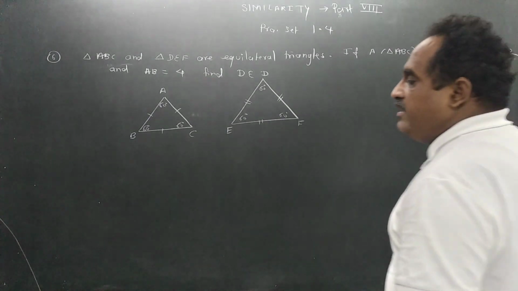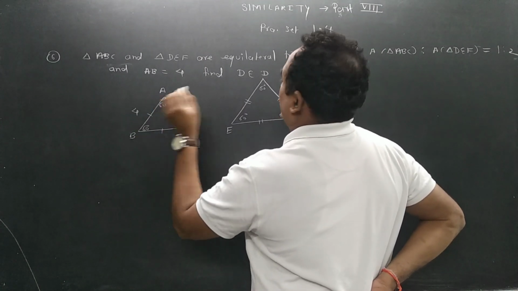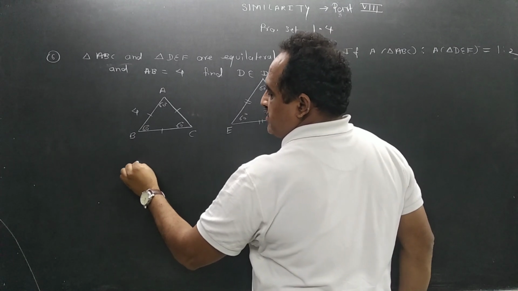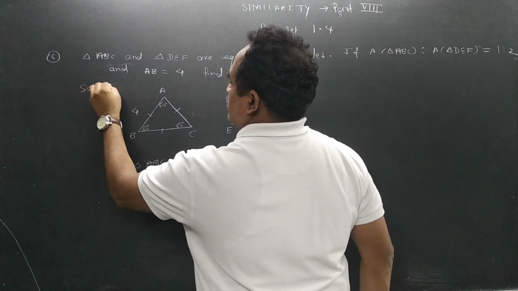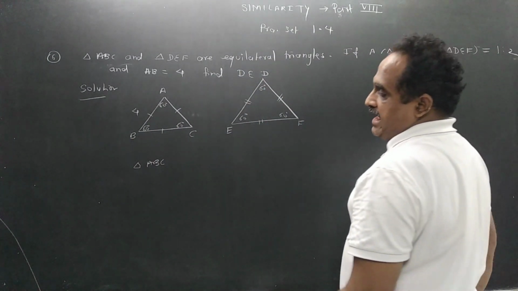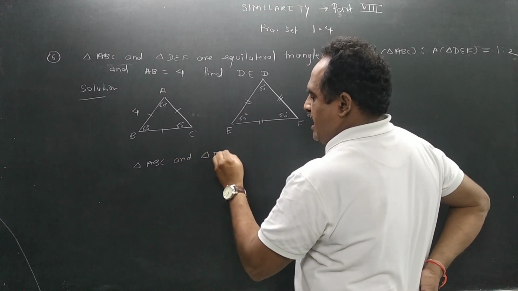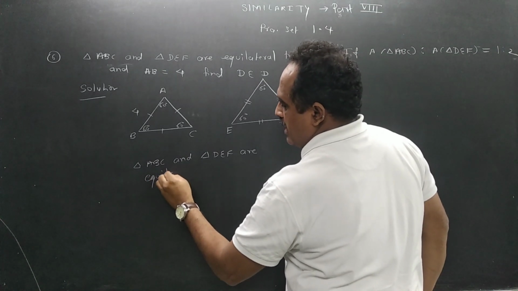But if we are giving a statement, that will be more than enough that this is 4 centimeter, 4 units. So for triangle ABC, we can write the solution. These two triangles are equivalent triangles. So triangle ABC and triangle DEF are equilateral triangles.